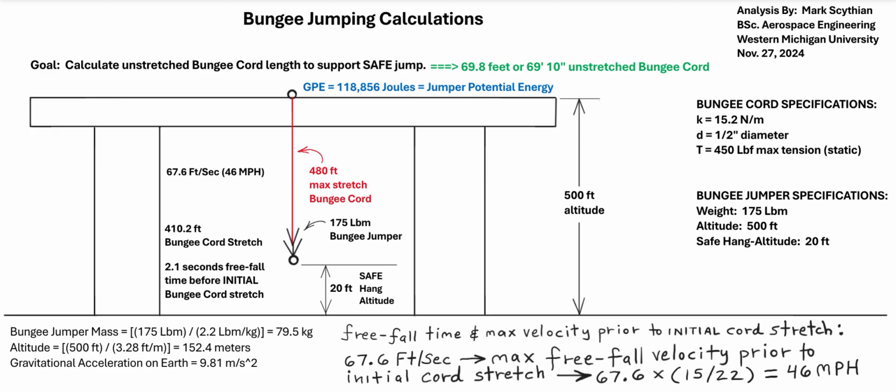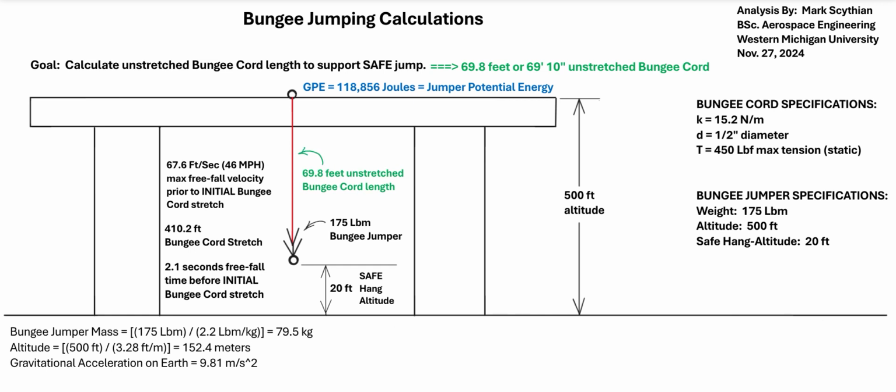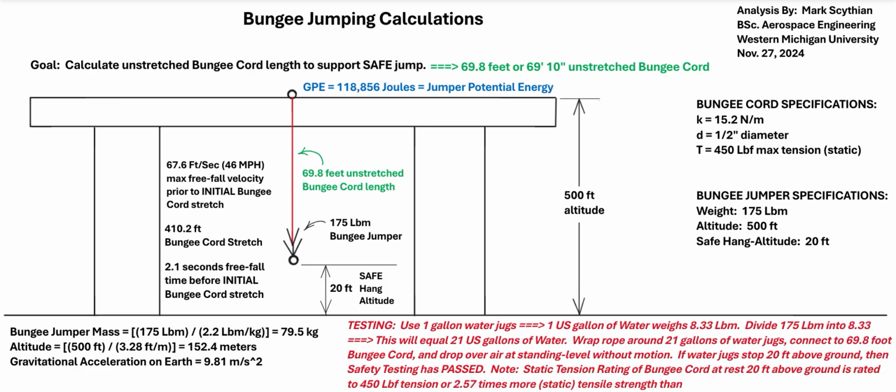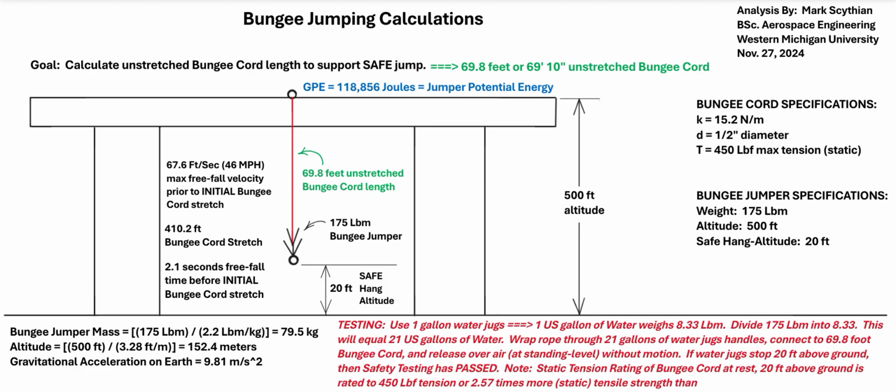So now we've accounted for all the different sequences in the kinematics and dynamics to secure a safe and reliable calculation. The last step is to use 1 gallon water jugs for the testing.